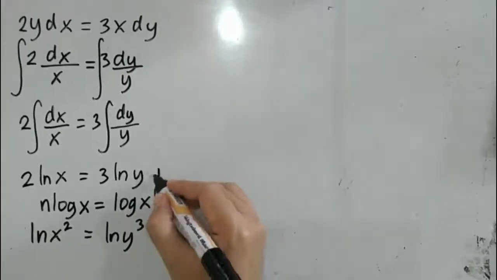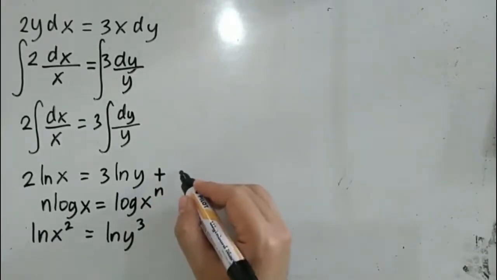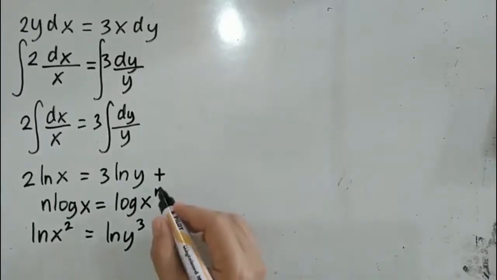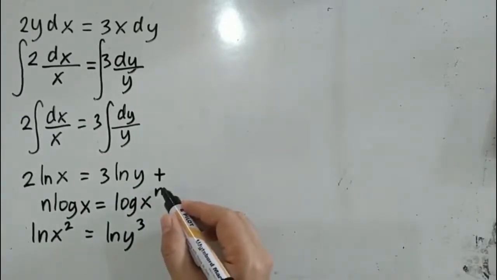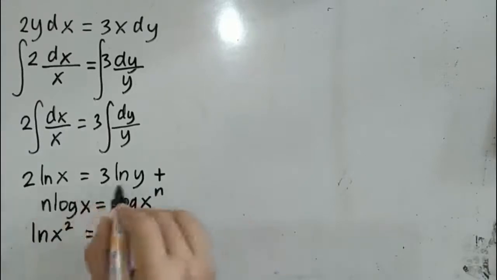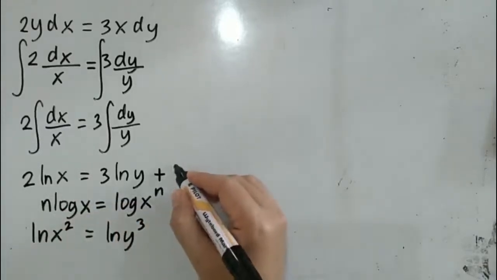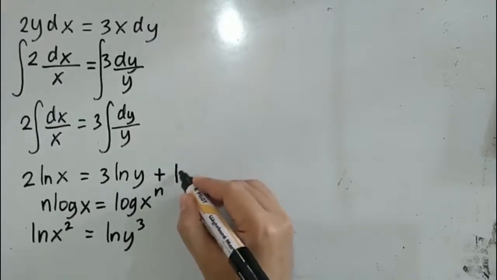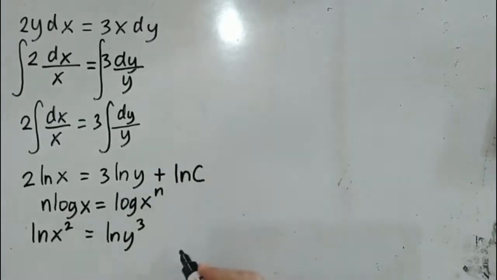By the way, we will have here plus c, the constant of integration. However, since we have ln in both terms, instead of just c, we can write here ln of c. That is for easier simplification later on.